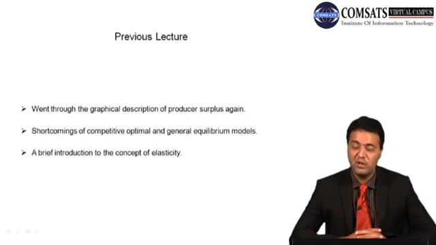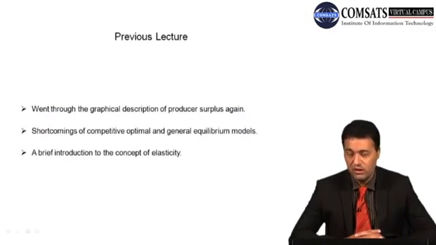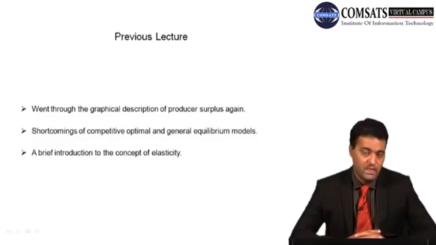Remember, that was the point where the marginal cost curve cuts the average cost curve. That is the break-even point, and we expect producers to be there in the long run simply because in perfect competition, or a competitive model, there are no barriers to entry and exit.